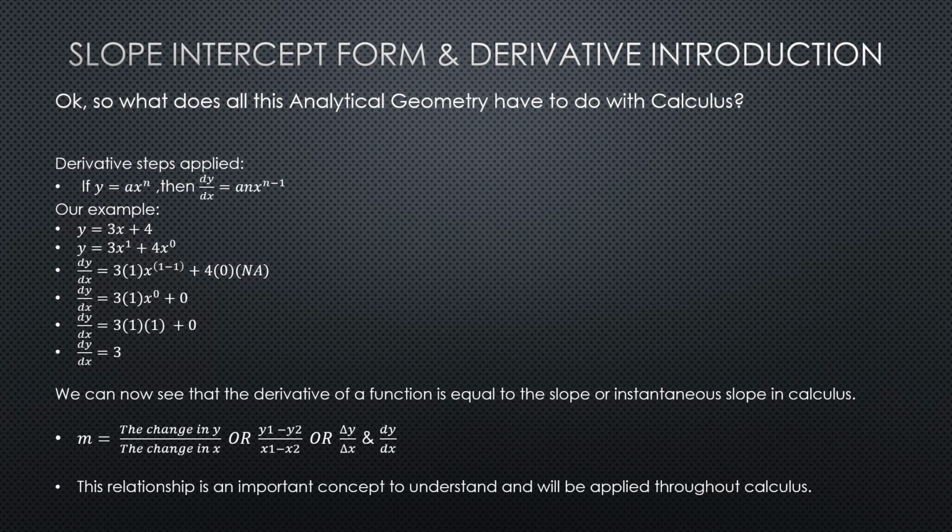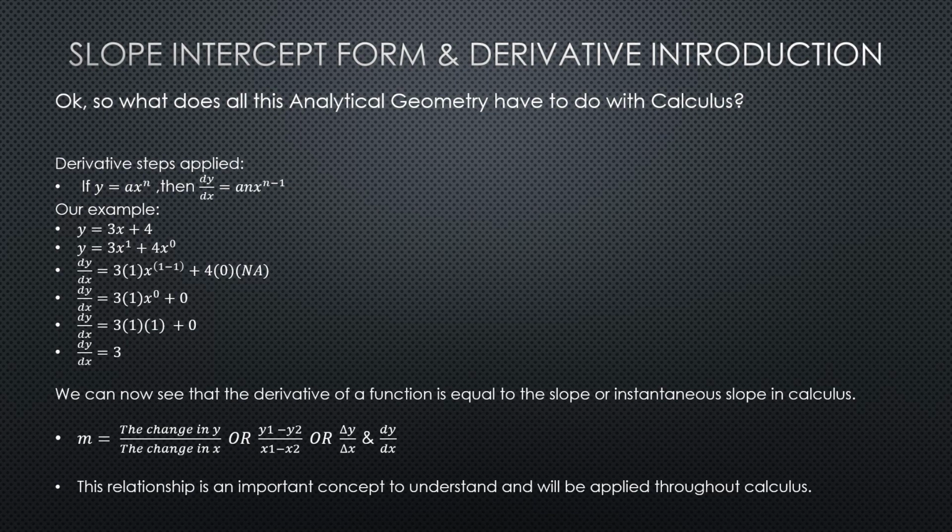And as we remember from earlier, in our slope-intercept form, our slope was actually 3. So now we can see the relationship between derivatives and slope using the slope-intercept form.